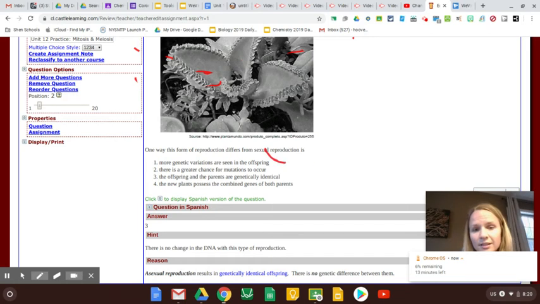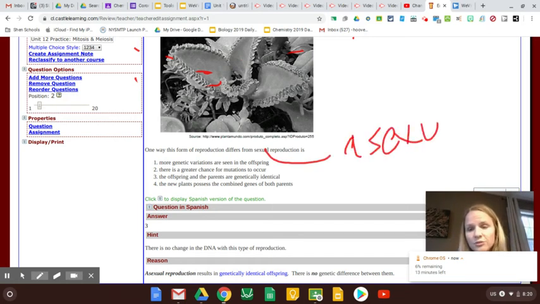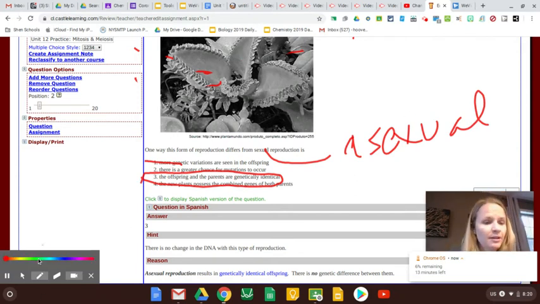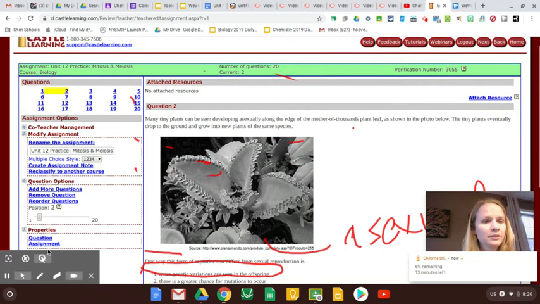So the fact that they said it's different than sexual means it's asexual, plus the description. If you're talking about asexual, you definitely don't want to pick genetic variation. You want that identical thing. They really like you to know that asexual makes identical offspring. On to the next question.